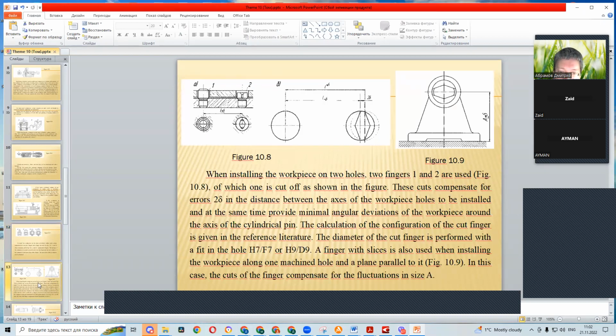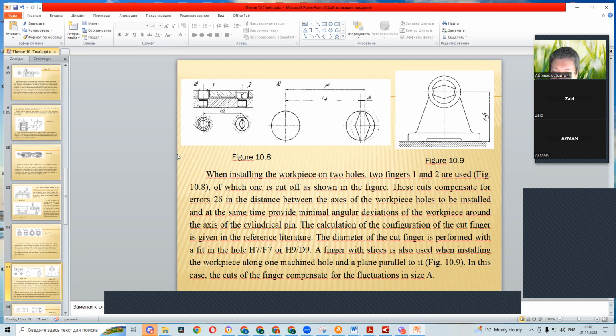When installing the workpiece on two holes, two fingers 1 and 2, like in figure 10.8, finger 1 and finger 2, of which one is cut off as shown in the figure.